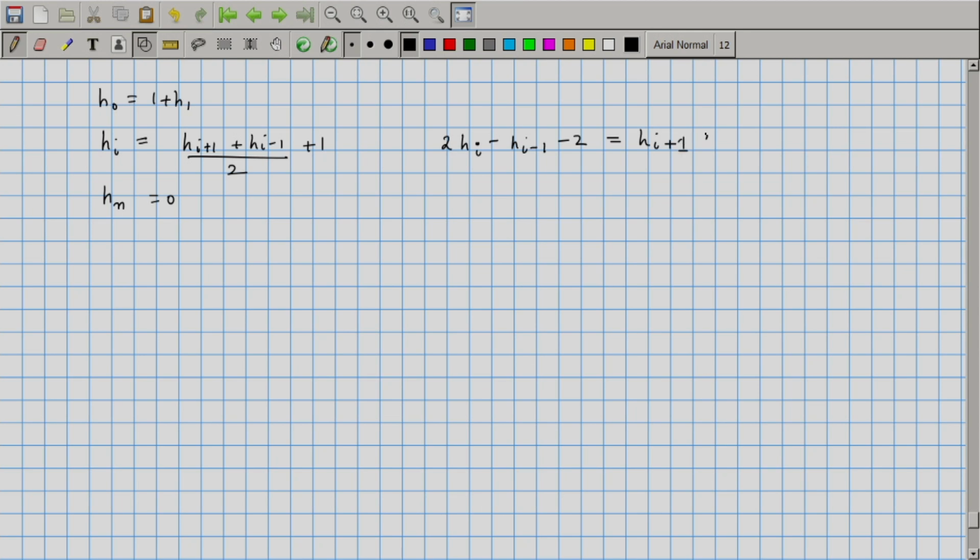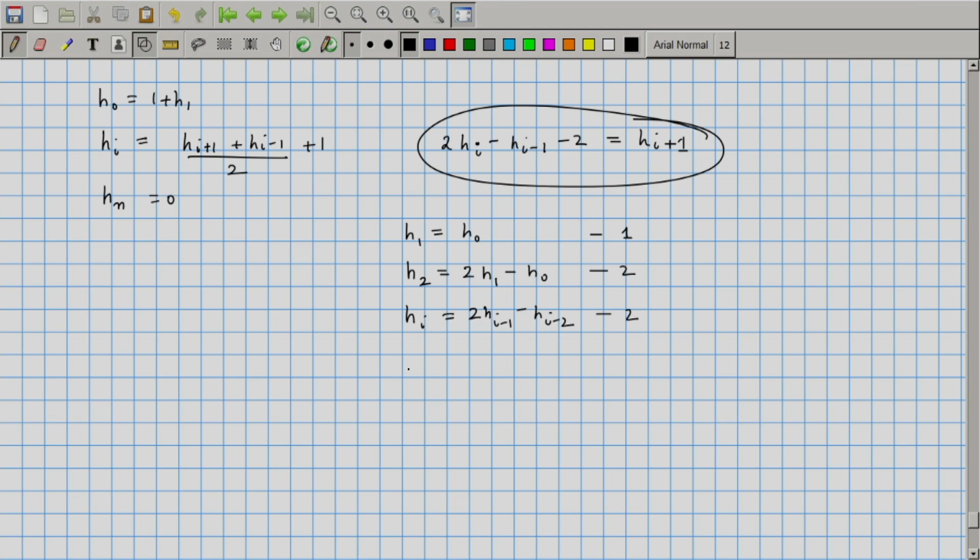So, if we use this recurrence, we can write this entire system of recurrences as H1 is equal to H0 minus 1, H2 is equal to 2 times H1 minus H0 minus 2, Hi is equal to 2 times Hi minus 1 minus Hi minus 2 minus 2, and Hn is equal to 0.